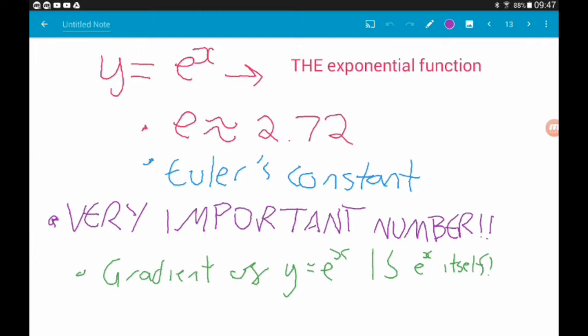So these numbers, we've got 0, we've got 1, we've got pi, we've got i, which is the imaginary unit, it's the square root of -1, and we've got e.